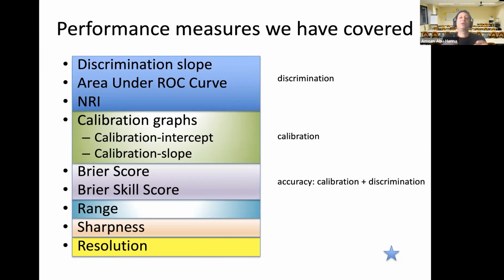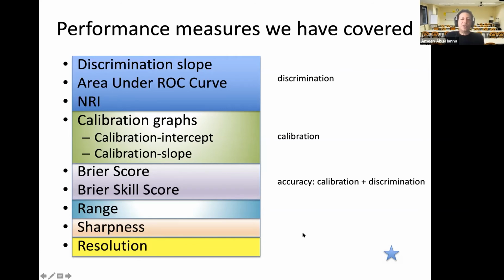Calibration is about having your probabilities well calibrated, so that they correspond to the true proportion of the event. And we looked at calibration intercept and the calibration graphs, which are the most important. I just mentioned that there's one that takes calibration intercept and slope, but did not discuss it. Then we looked at accuracy measures that combine calibration and discrimination, specifically the Brier score and the Brier skill score. We looked at the range, the sharpness and resolution.